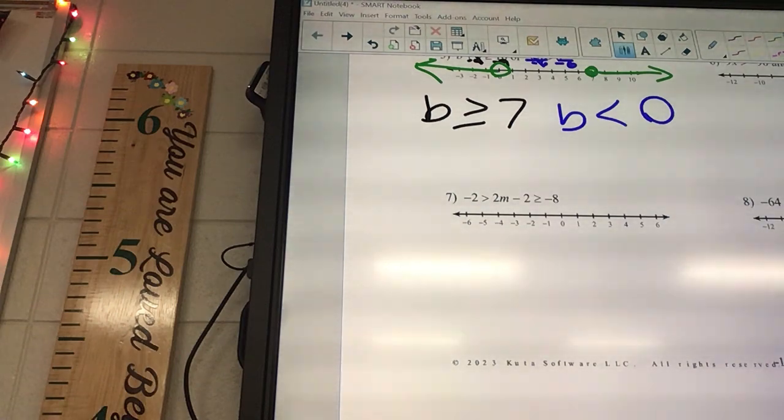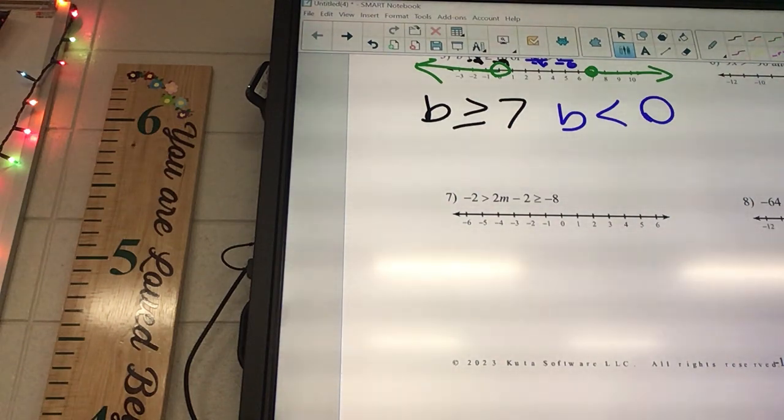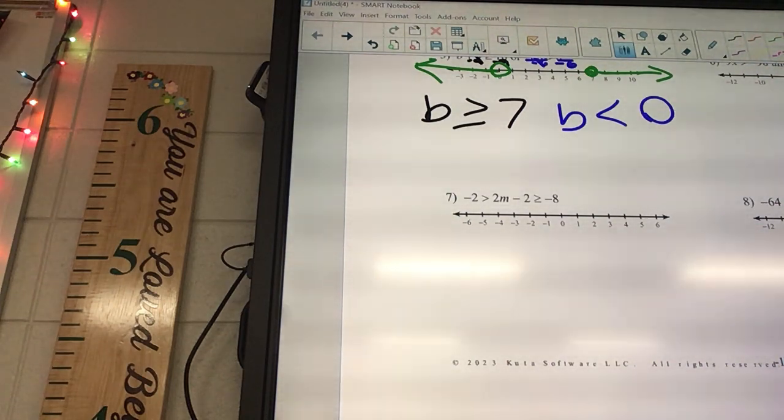If this is 0 and this is 4, then that has to be 2. So what is in between those? 3 or 1. You can put your dot here. If you have a 1, it can go there. If you have a 2 or 4, 6, you can put an open on your 6, just because it's not labeled.